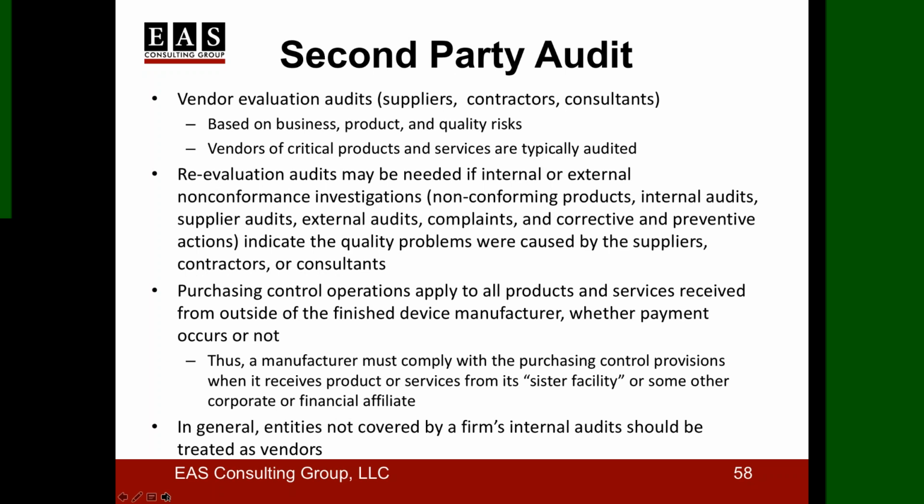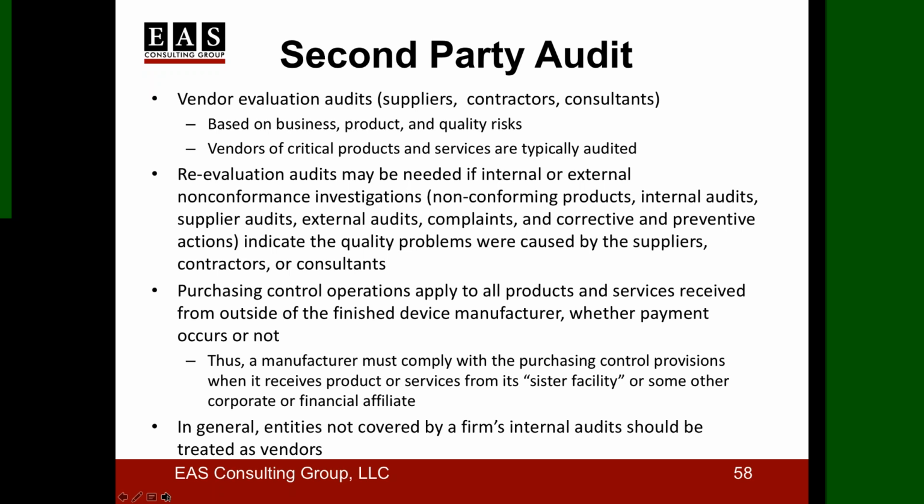The second party audit is a little problematic because under purchasing controls, there are two different types. There's a finished medical device product and a product that's not yet finished. If you remember earlier when I talked about quality control, they actually test three different types: received product, in-process product, and finished product.